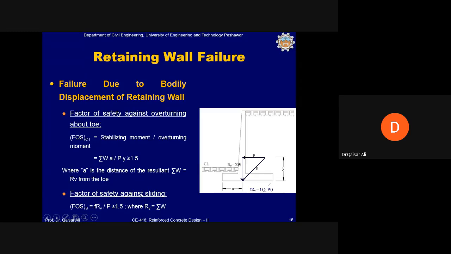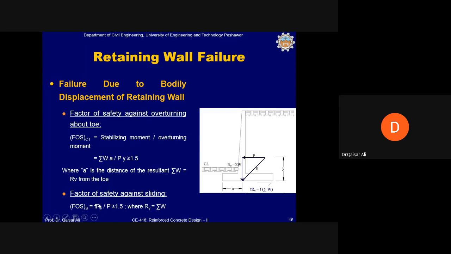Similarly, you can also see that this P will cause sliding. And the sliding will be resisted by the resistance force, which will be produced by the summation of W equal to RV multiplied by the coefficient of friction between the soil and the base of the footing.